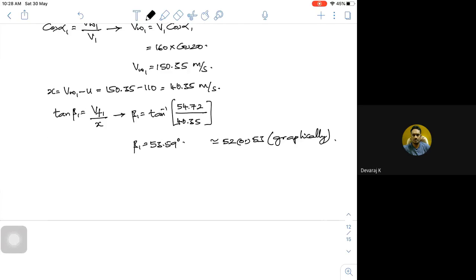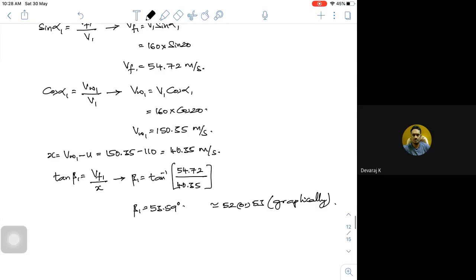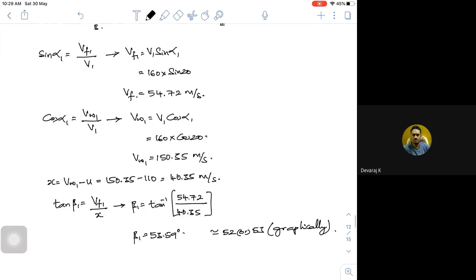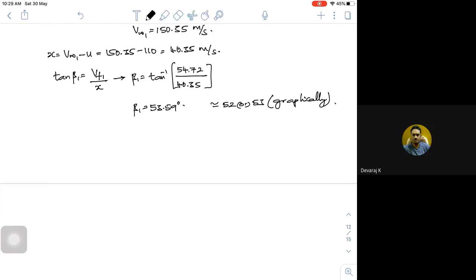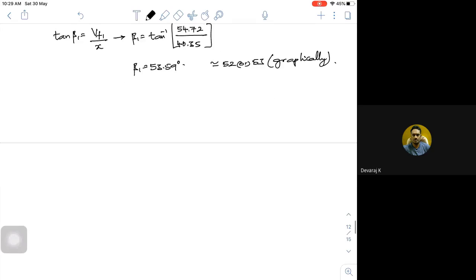So the first part, what we are supposed to find, the inlet blade angle, is found. The second thing, I need to find the tangential force. What is the tangential force actually? The tangential force is the mass flow rate into Vw1 minus Vw2. If you multiply by your u, you will get the power.